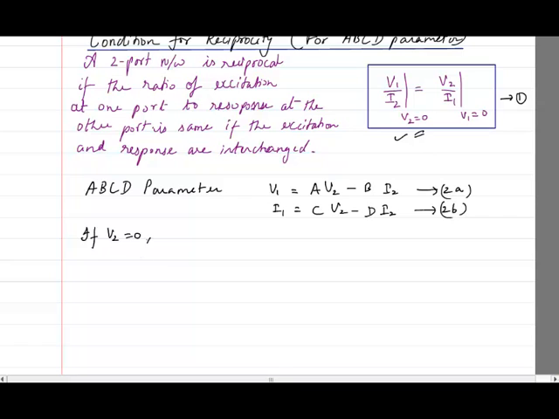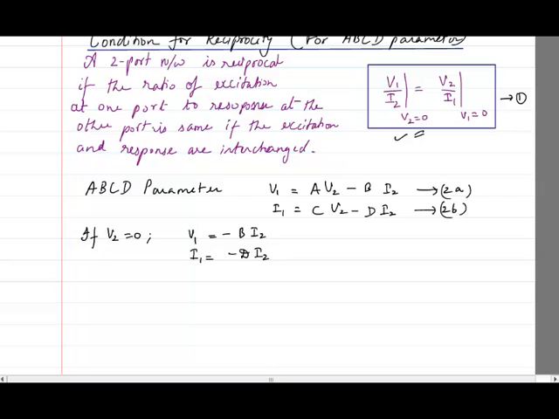If I make V2 equal to 0, the equations become V1 is equal to minus BI2, correct, and I1 is equal to minus DI2. The two equations, 2A and 2B, have been reduced to this form, correct. Why? Because I took V2 equal to 0.